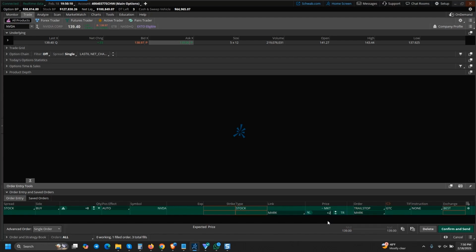But this trailing stop order will move up. Let's say that the stock has never come back $2 from the current price, and it's gone all the way up to 150. Now my trailing price is 150 minus the $2, so it's $148. Then if the stock were to back up to 148, this order would execute and I would buy.